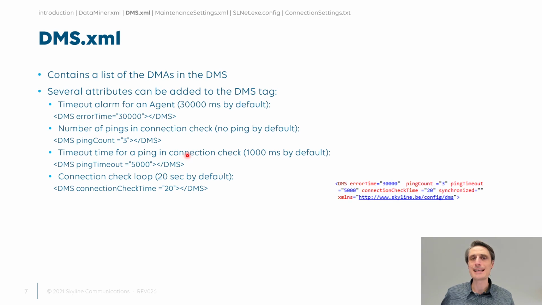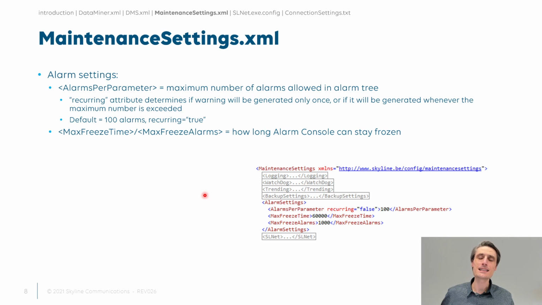DMS XML contains the DataMiner agents in my DataMiner system. Typically, I don't really need to tweak that, so I'm not going to discuss any settings on this one. The maintenance settings, here we might find certain things that, for instance, define the alarm tracking history of one specific alarm, how many history items there can be, a maximum freeze time, these kind of more small tweaks and small UI things that I can change more deep down in maintenance settings XML, you could say.